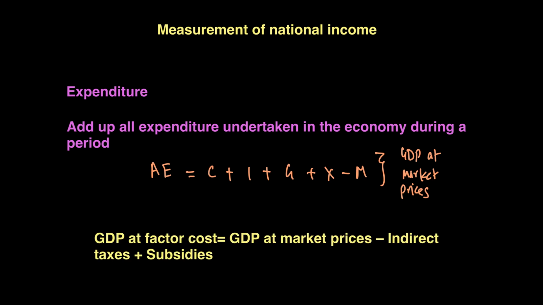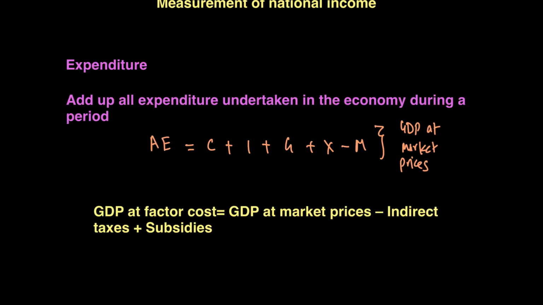This means that GDP at factor cost will be equal to GDP at market prices, which we found here, but then we subtract indirect taxes, which artificially increase the market price, and add subsidies, which artificially lower the market price. When we find GDP at factor cost, that will be very relevant because it will match with the answers that we get from the other two approaches, which are the output approach and the income approach.